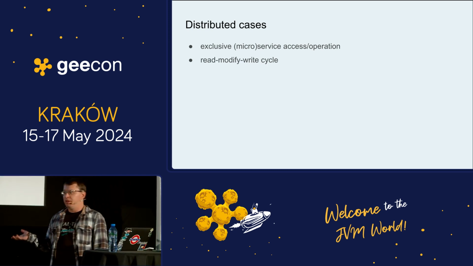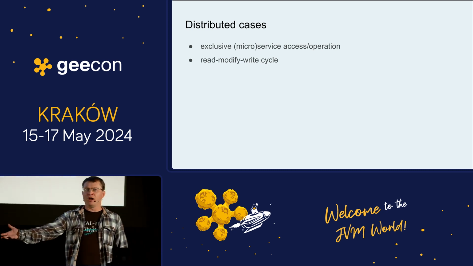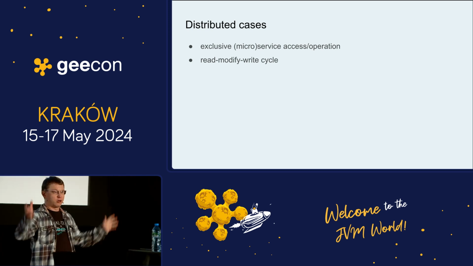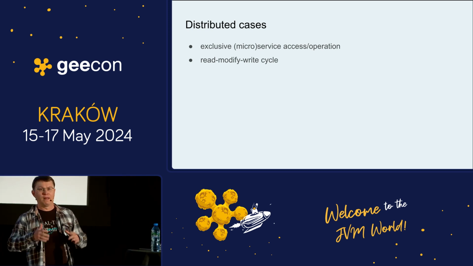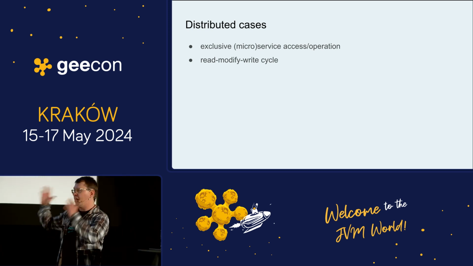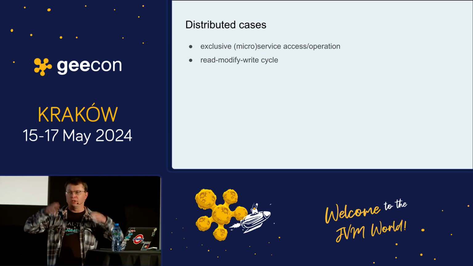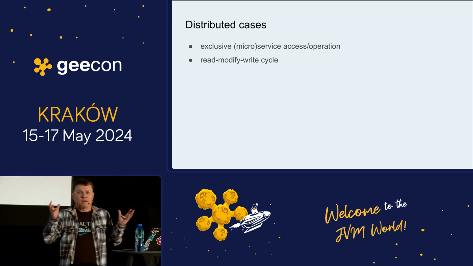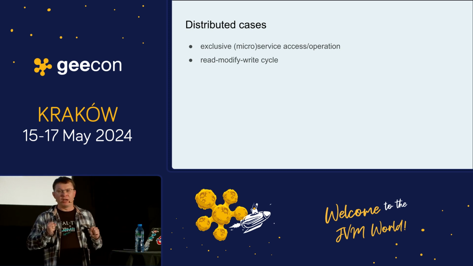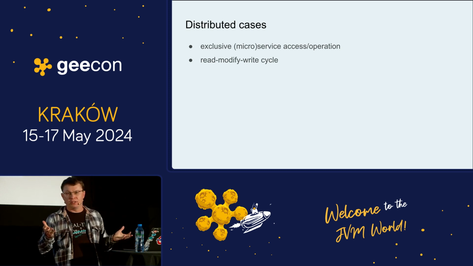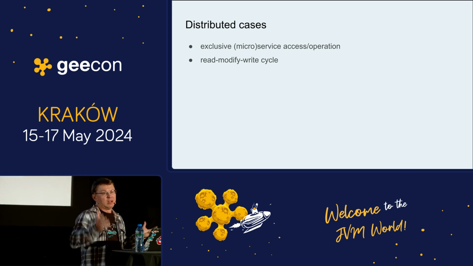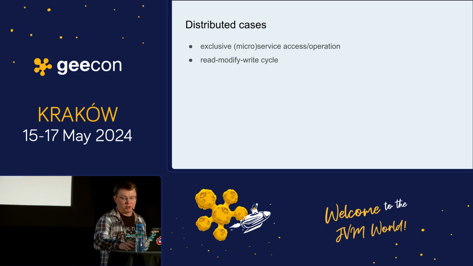The same if you would like to read some value from external storage, modify it, and then write it back to this storage, and you should allow only one microservice, only one client, to do this. You should also use some locks, distributed locks, to do this.